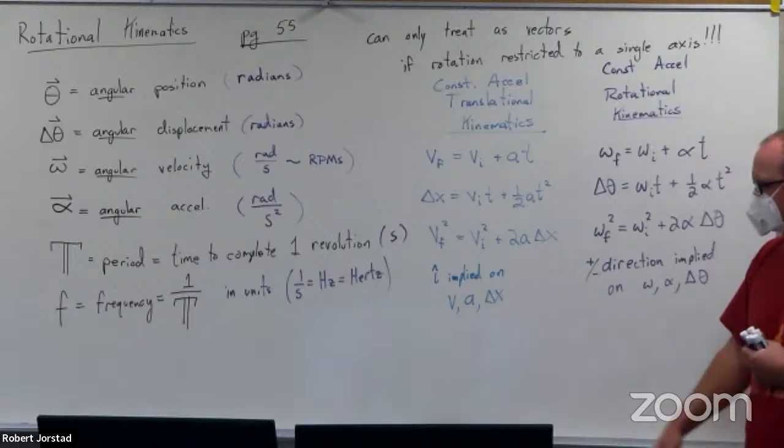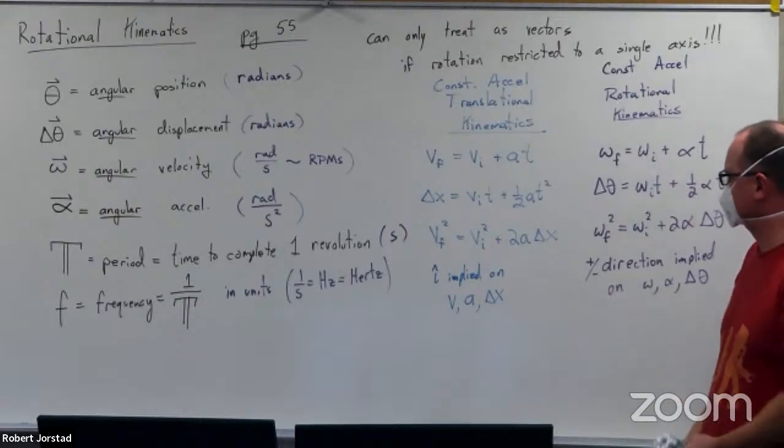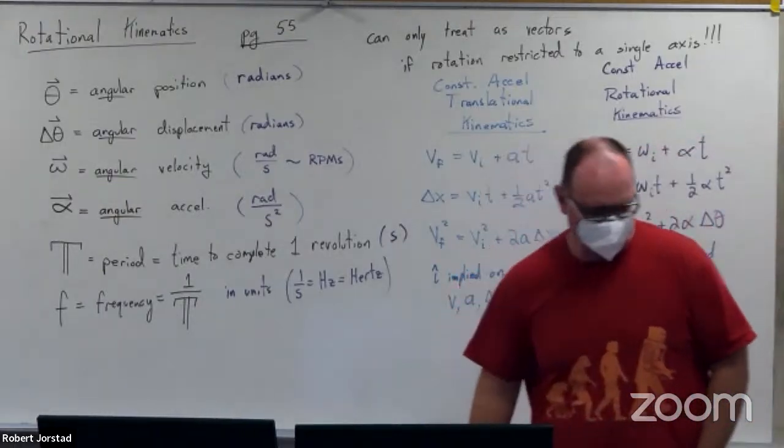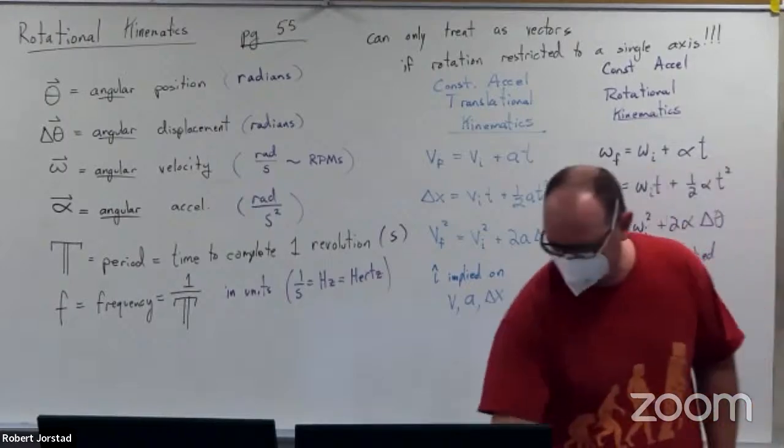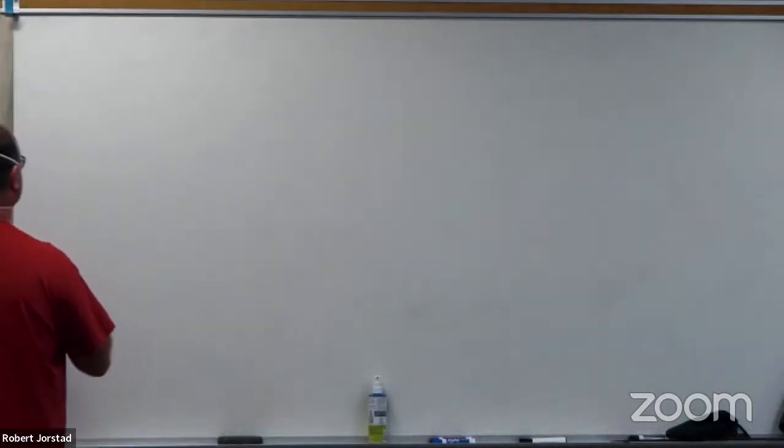But so far, how are people feeling on this? This is all on page 55. So remember, all day today, if you forget some of this, just look at page 55. All right? Let's do a couple more things here. All right? What if it's not constant?